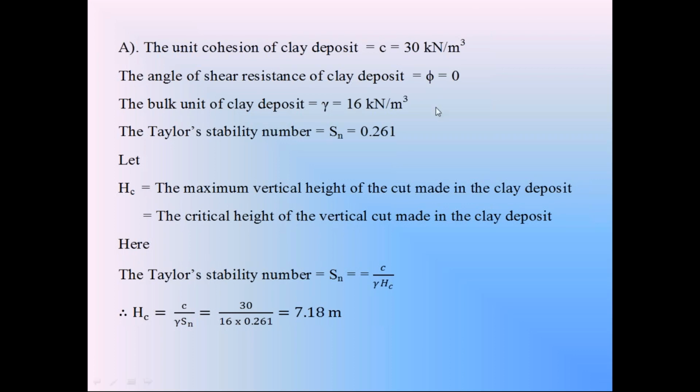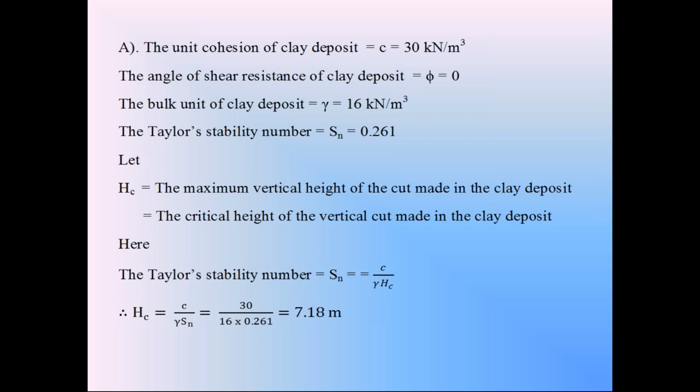But sometimes in the examination, the paper setter forgets to give the SN value. If it is not given, consider some value of SN less than 0.5. It is your assumption. Just write a sentence: assume that Taylor stability number SN is equal to 0.364.